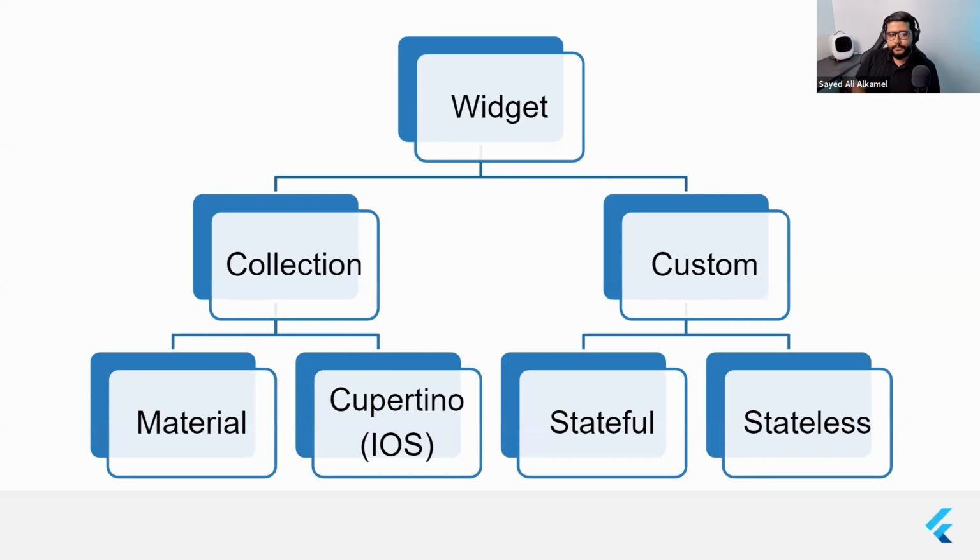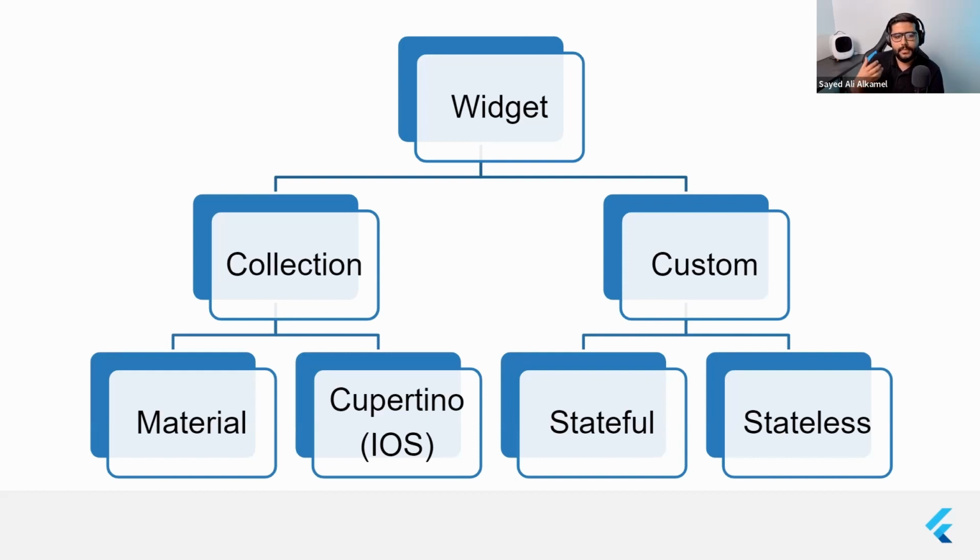In Flutter itself, there are two types of libraries, you can say. The first one is the Material Design library, which has all the Material look and feel components inside of it, similar to how Android looks.